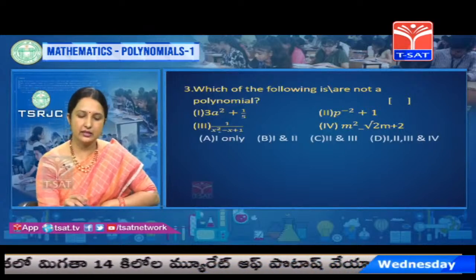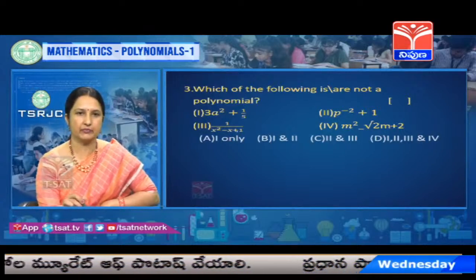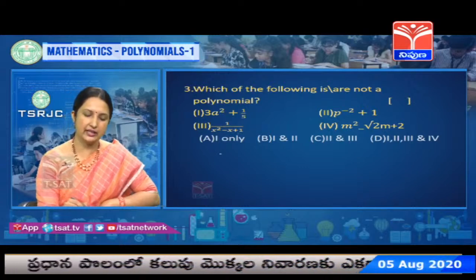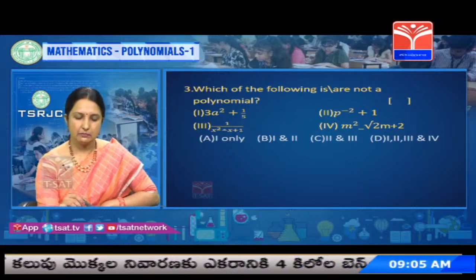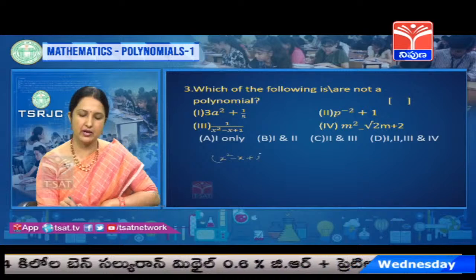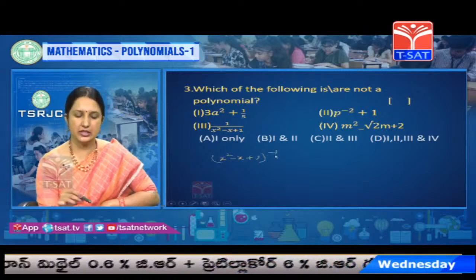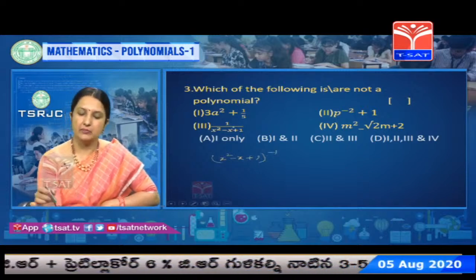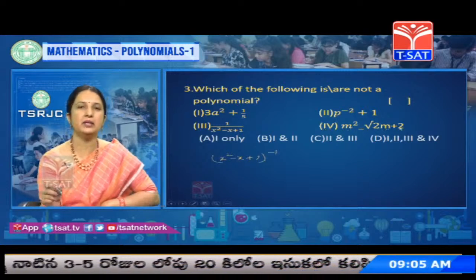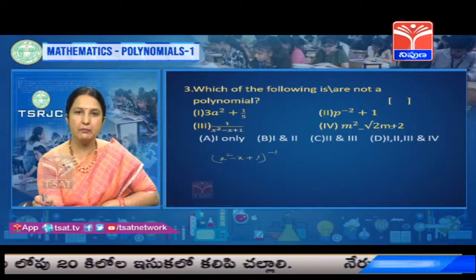And see the third one, the polynomial came in the denominator, that means whole power minus 1: x power 2 minus x plus 1 whole power minus 1. So, this is also not a polynomial. And in the fourth option you see m square minus 2m plus 2, root 2m plus 2.